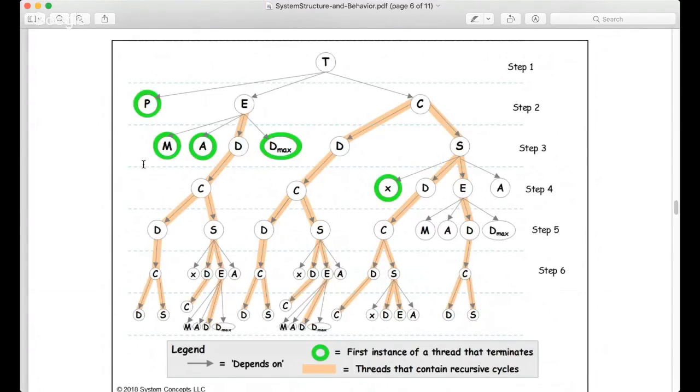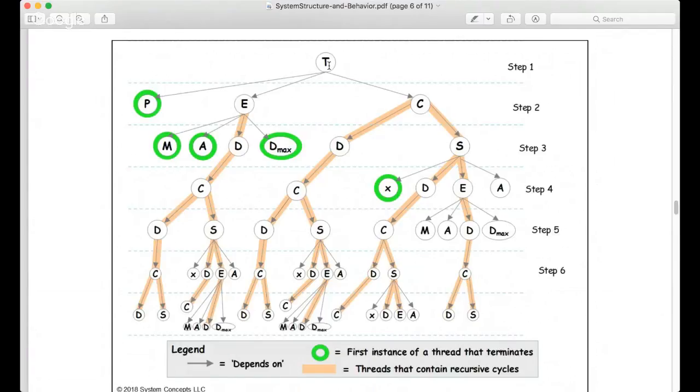E is composed of M, A, D, and D max. And the ones that are circled in green are the terminal variables. They don't depend on anything else.